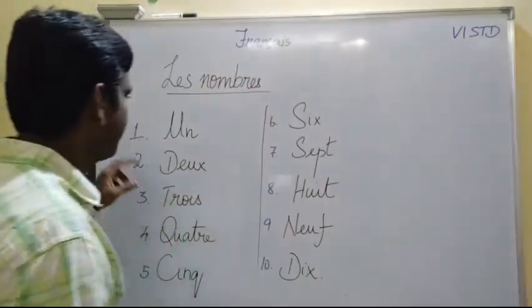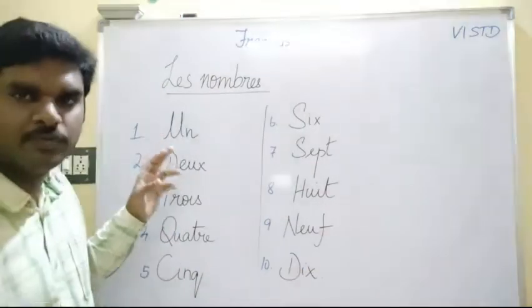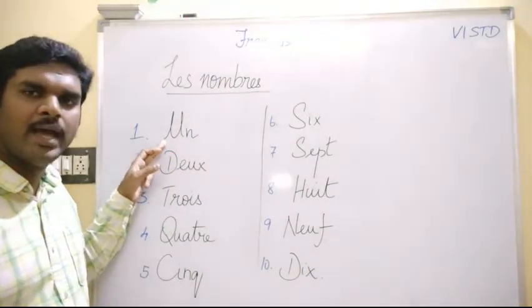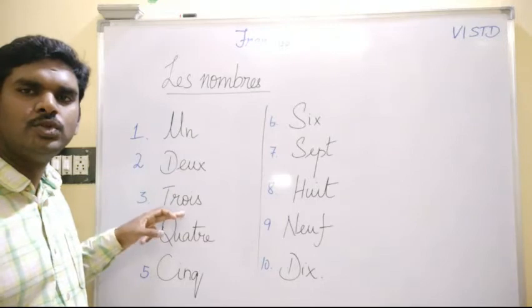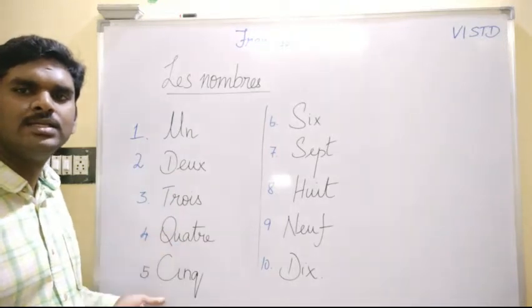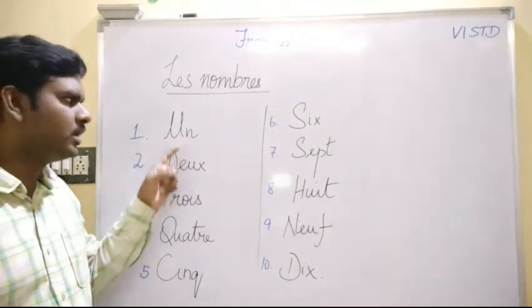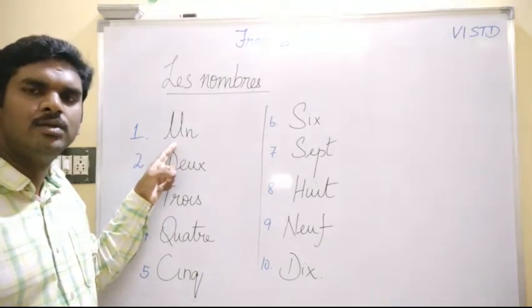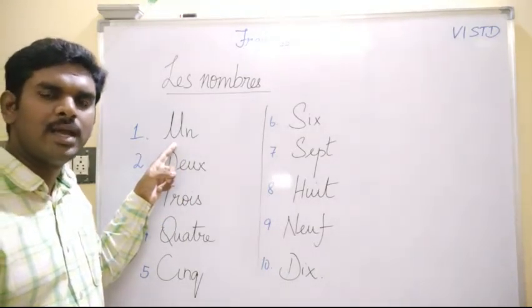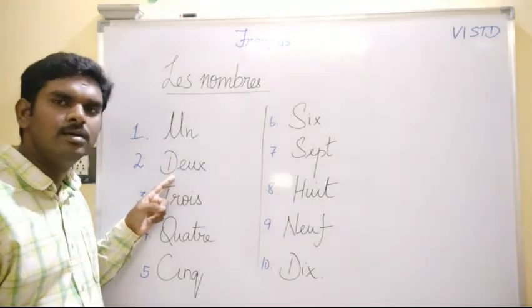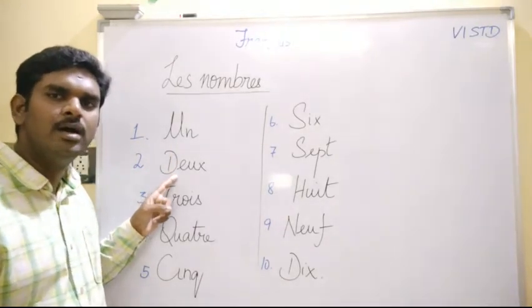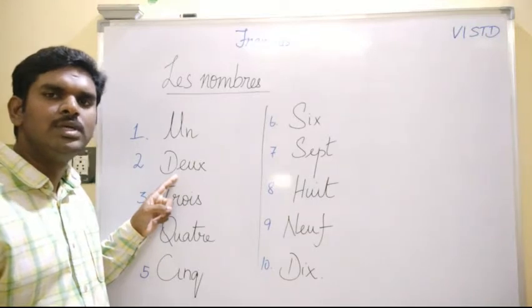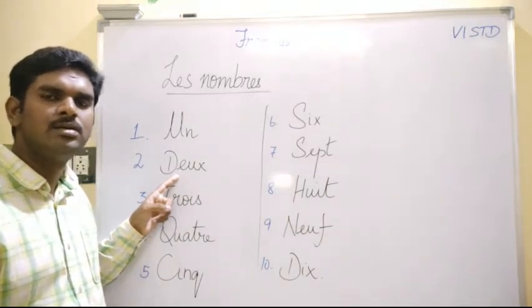So this is the spelling of the first 5. Un, deux, trois, quatre, cinq. Now spell along with me. U, N, un. Deux, D, E, U, X. Deux.